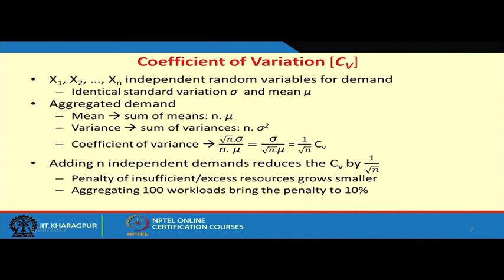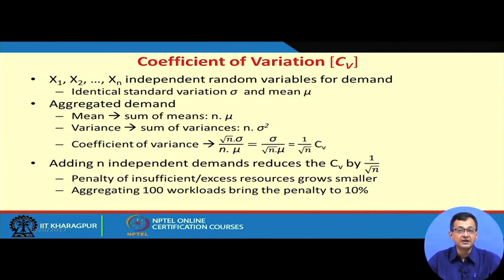Like if we look at say x1, x2, xn, independent random variables of demand, identical for our argument's sake, though they are independent and random, they have identical sigma and mu. So the aggregate demand mean is the sum of the means, n mu, and the aggregate variance is n sigma square.